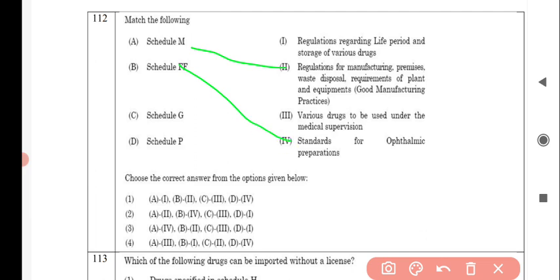For schedule D, it correctly matches with option number 3, that is various drugs to be used under the medical supervision. And for schedule P, it correctly matches with option number 1, that is regulations regarding life period and storage of various drugs. So option number 2 is correct for this question.